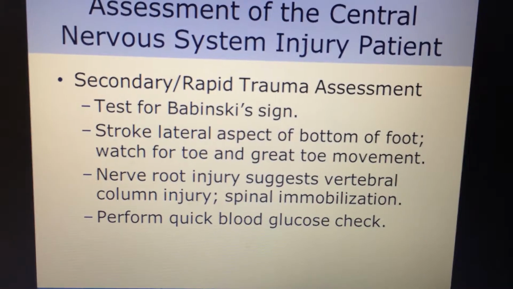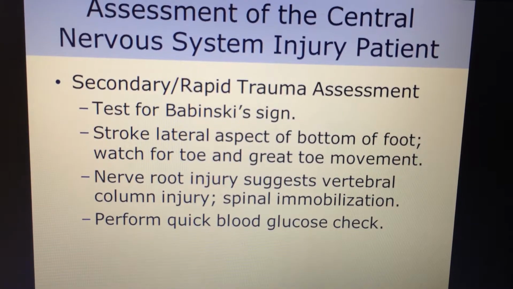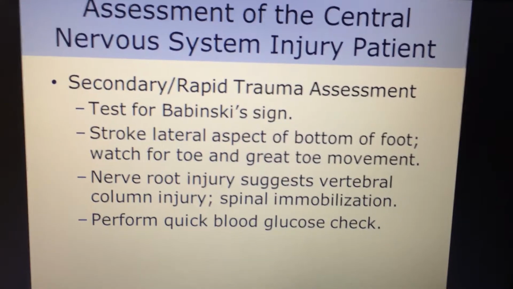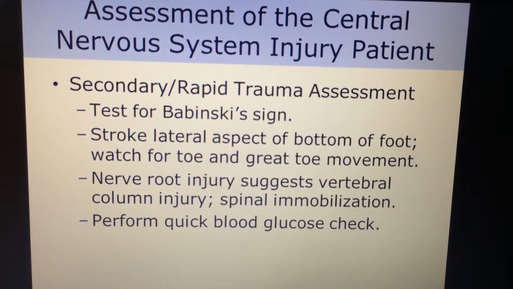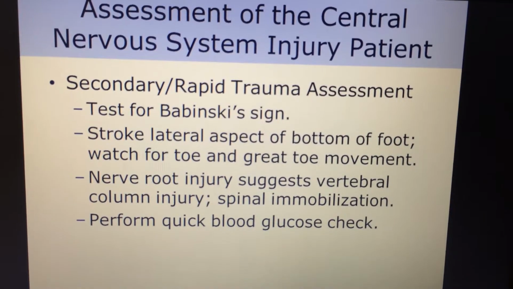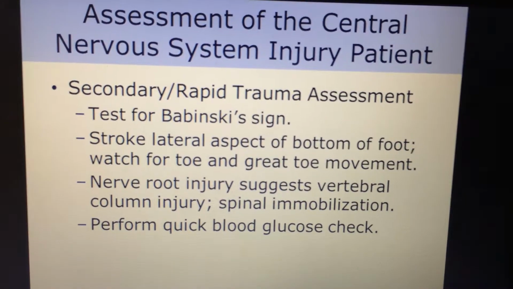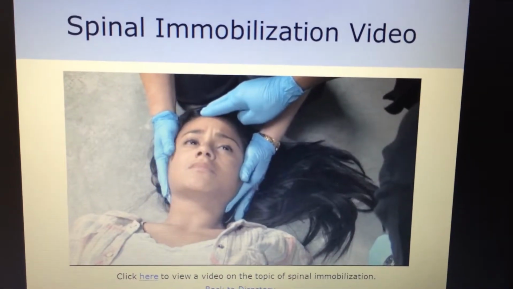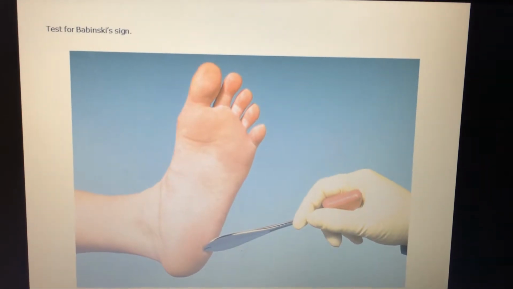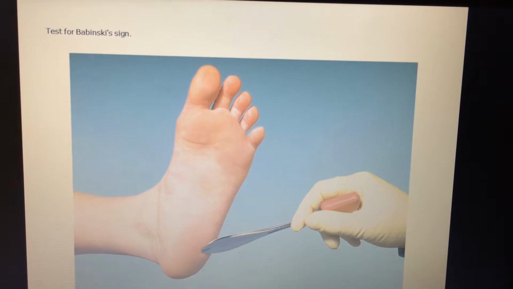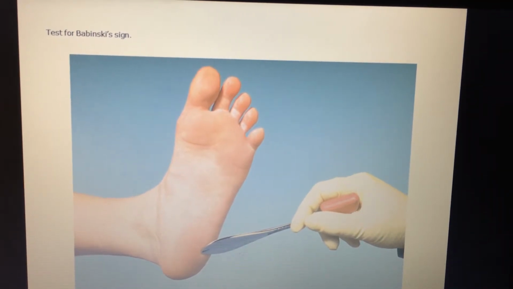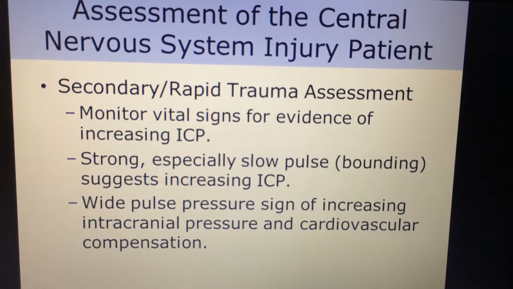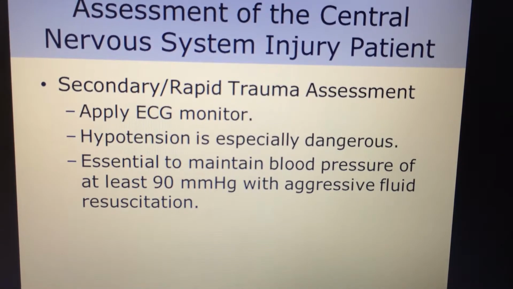We're looking for a positive Babinski sign, and as Gary talked to you about today, you're going to see the toes spreading. The great toe is going to move out and the toes are going to lift up. That's basically what we are looking for. And there's that Babinski sign test, coming up the lateral aspect of the foot heading out towards the big toe.